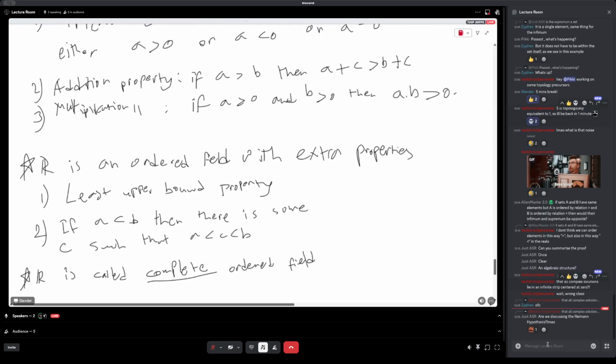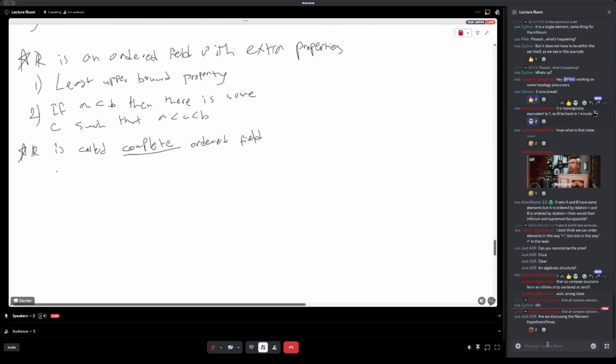Because of these two extra properties, R is called complete. So that's the complete ordered field.